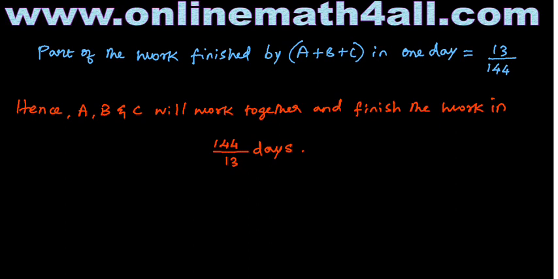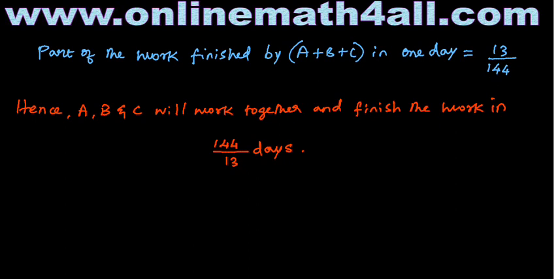So the part of the work finished by A, B and C in one day is 13 over 144. Then the total number of days taken by A, B and C together to finish the same work is the reciprocal of this 13 over 144, that is 144 over 13. So this is how we have to complete the problem.